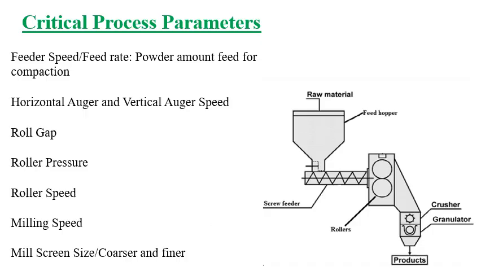The roller compaction process is also known as the dry granulation process, and this process is used for making granules for capsule filling or for tablet compression. Sometimes roller compaction is also used to make granular powder for sachet filling.